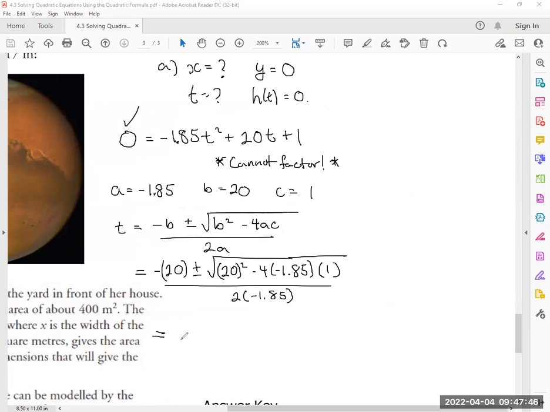If I go further, I'm going to have someone calculate the square root portion for me. I have no idea what's underneath that, but I know that down here it's negative 3.7. Someone solve that for me. Maybe a couple of people can do it together so that we can confirm each other's answers.